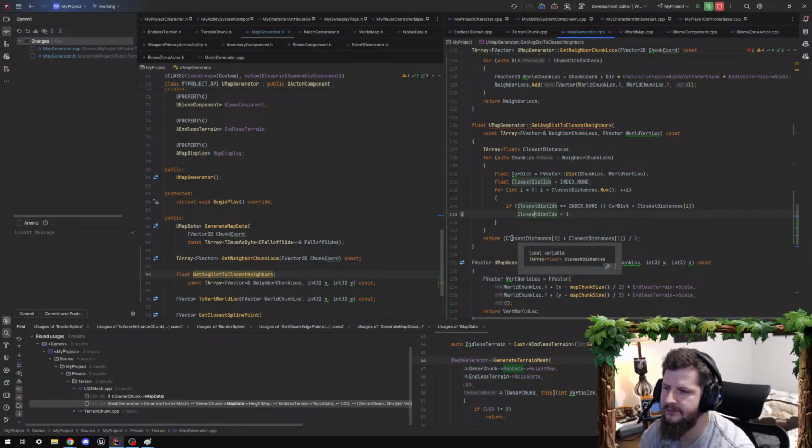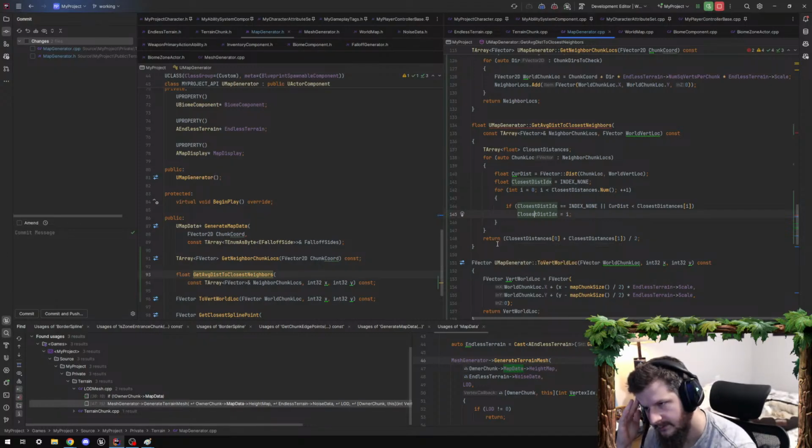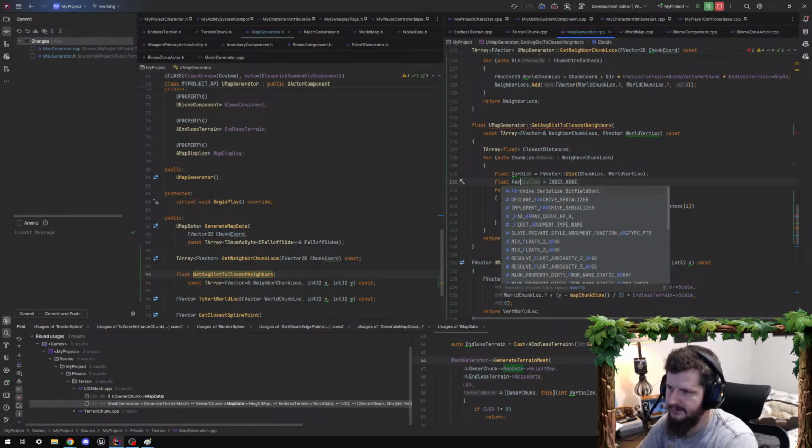I want the closest two distances. Yeah, or I should say this is the farthest end. I need to find the farthest index.